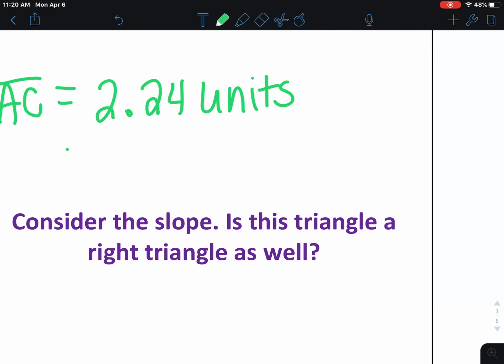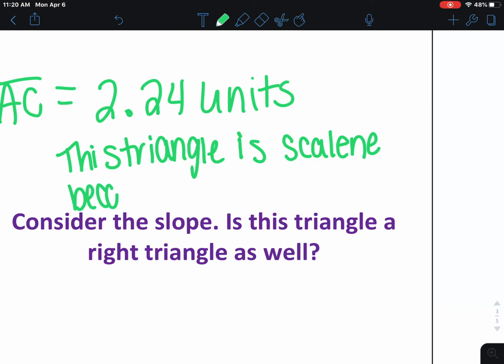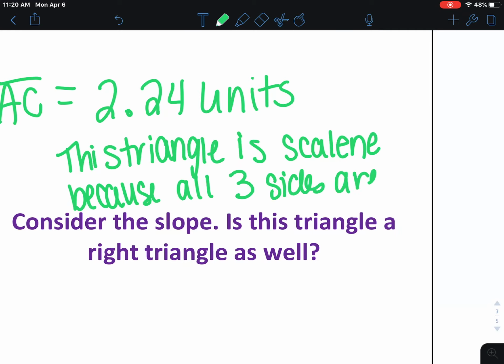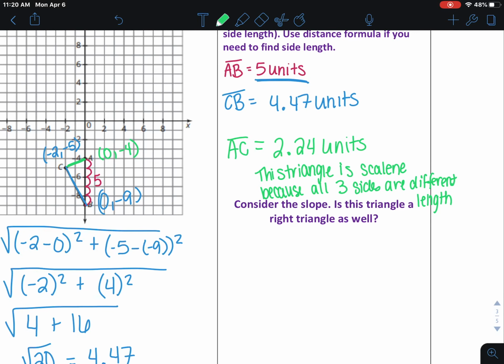So I'll write this triangle is scalene because all three sides are different lengths. Or you can say it doesn't have any congruent sides, anything incorporating that those three side lengths aren't equal, aren't congruent, and so forth.